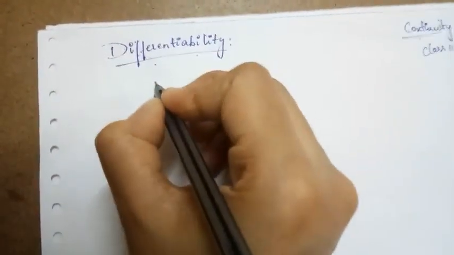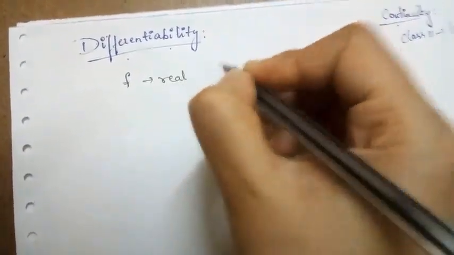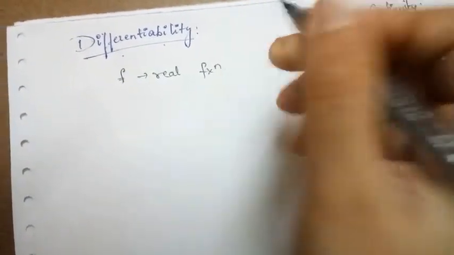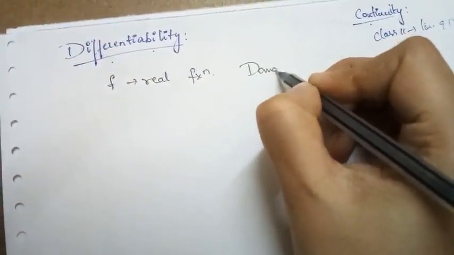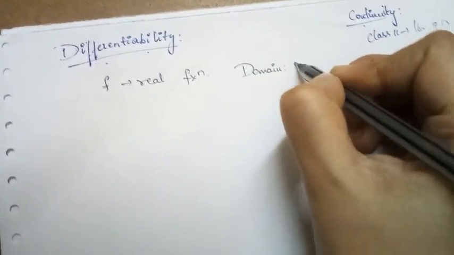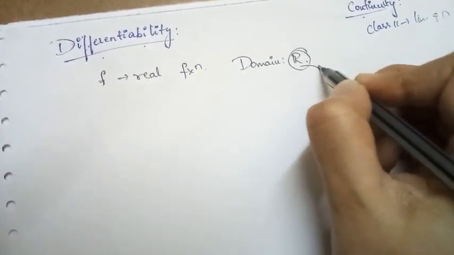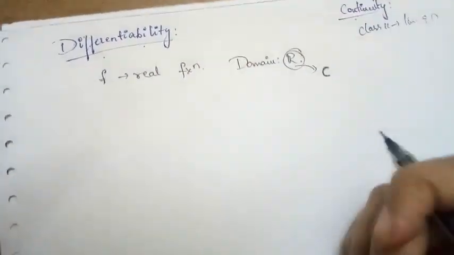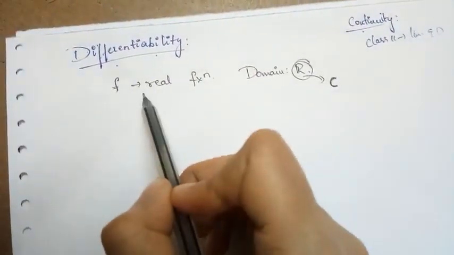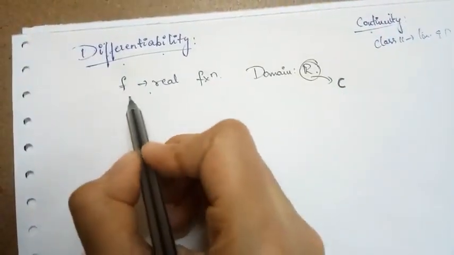Suppose I consider f to be a real function. Obviously the domain of this function is a set of real numbers. From this set of real numbers I am considering a point, say C. C is any point in the domain of the function. Then we talk about the derivative.